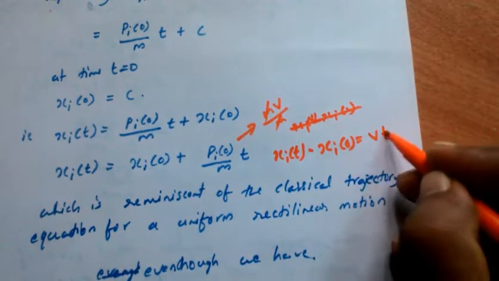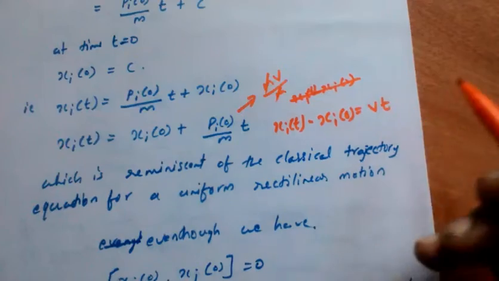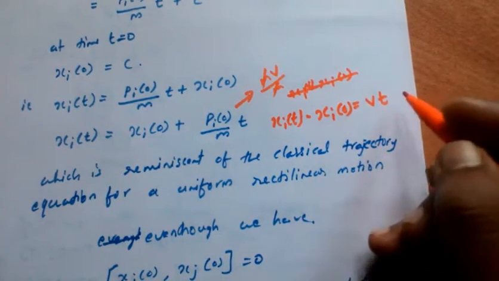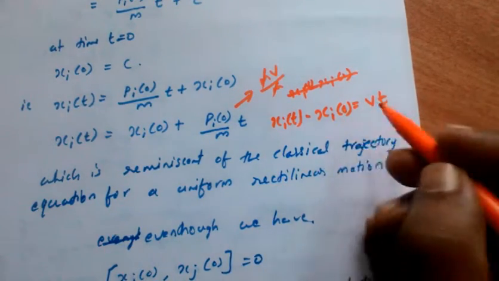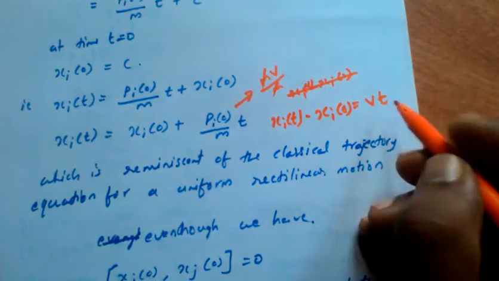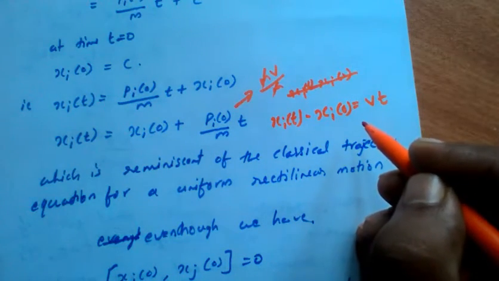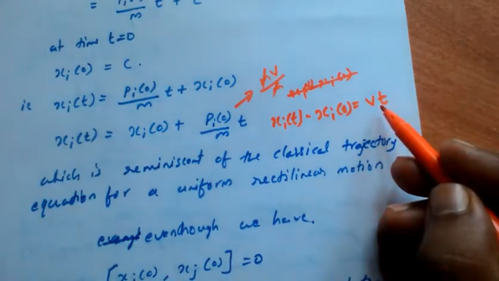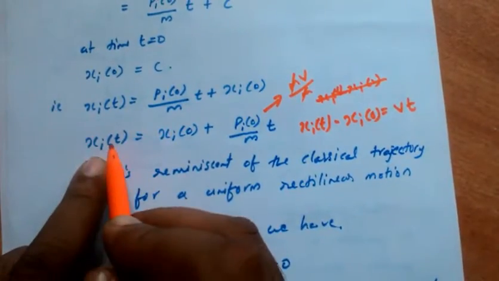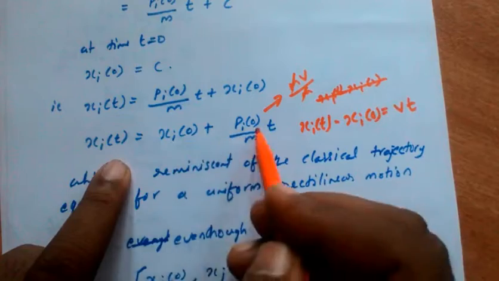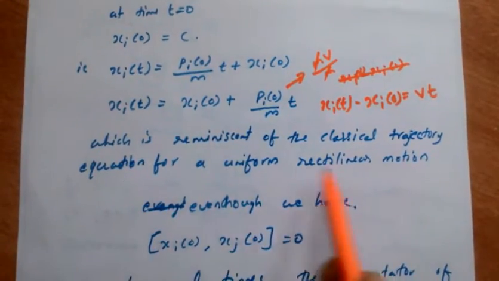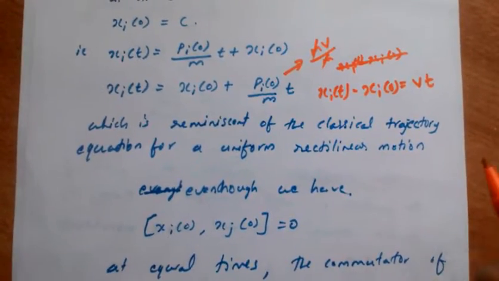That means displacement equals velocity into time. This is an example of an object moving with a constant velocity. If we need to find the position at a time t, we can use this equation. So this is the equation for uniform rectilinear motion in classical physics.